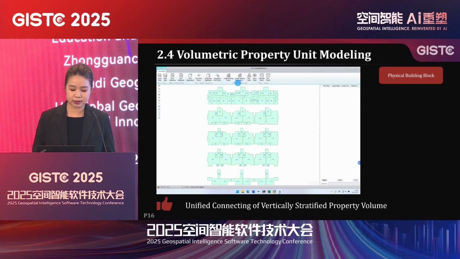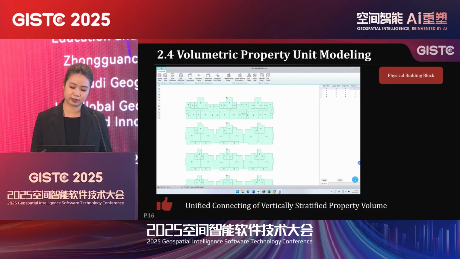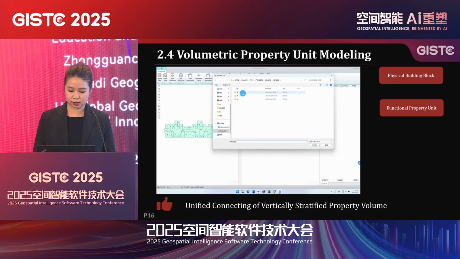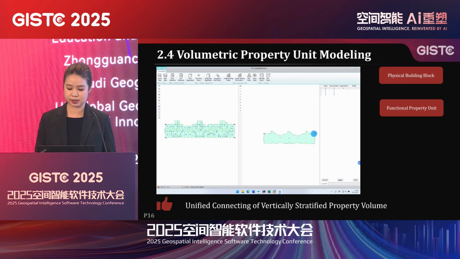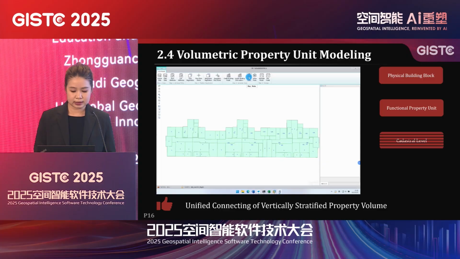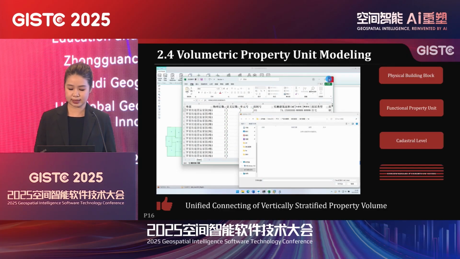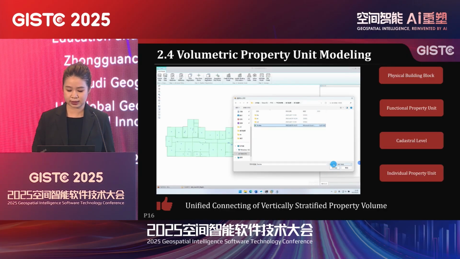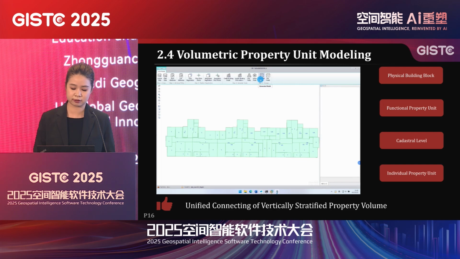From the physical building blocks, such as a physical building of a company, to functional property units, such as the business department or IT department inside the company building, down to the level, and finally to the individual property units, such as a single apartment or an office.